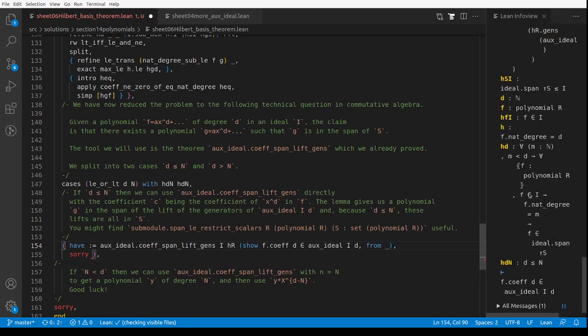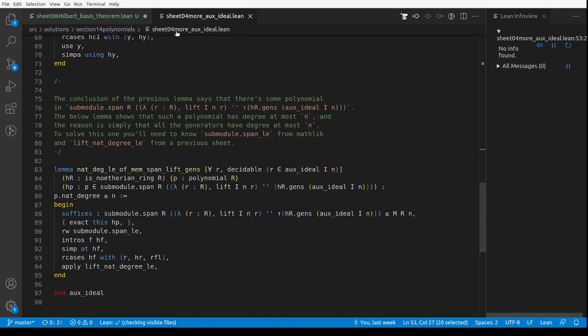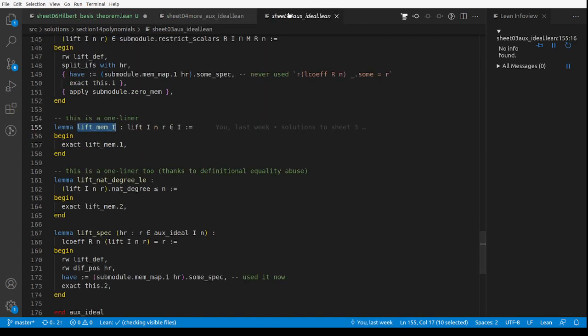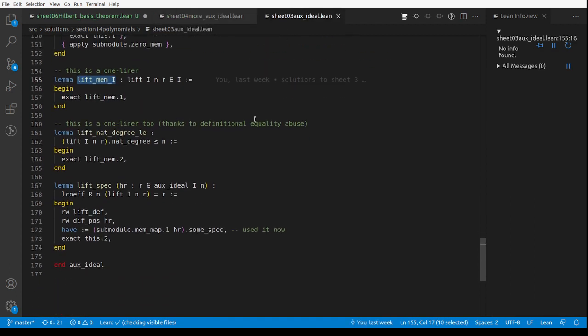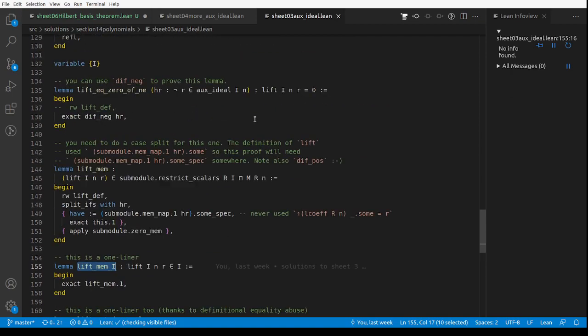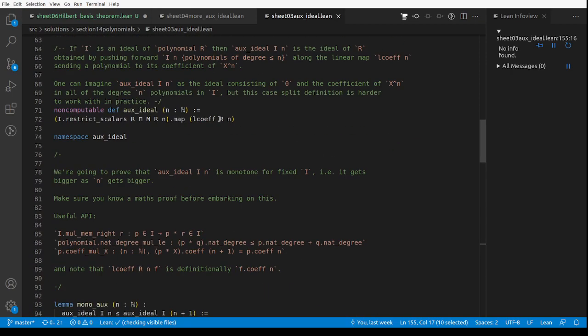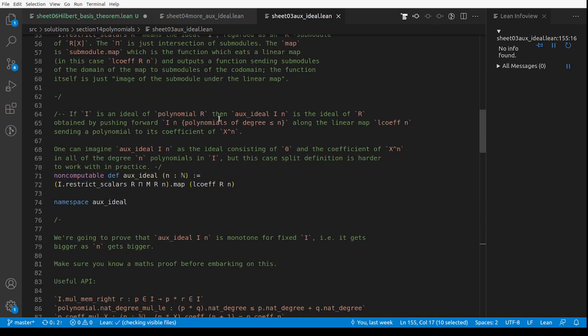And how do I know that this is true? Do we have some lemmas about this? Orcs ideal ID. Do I know? I suppose I could just use the definition.